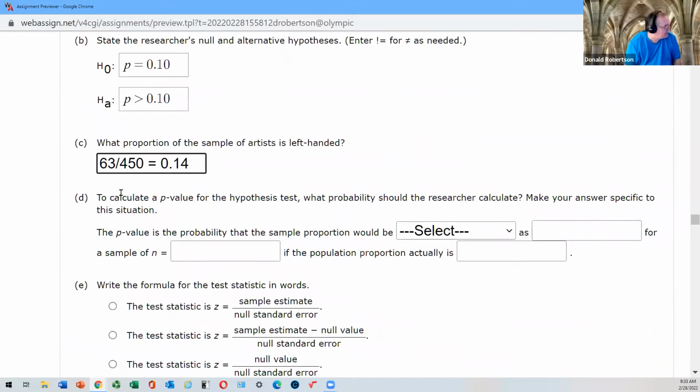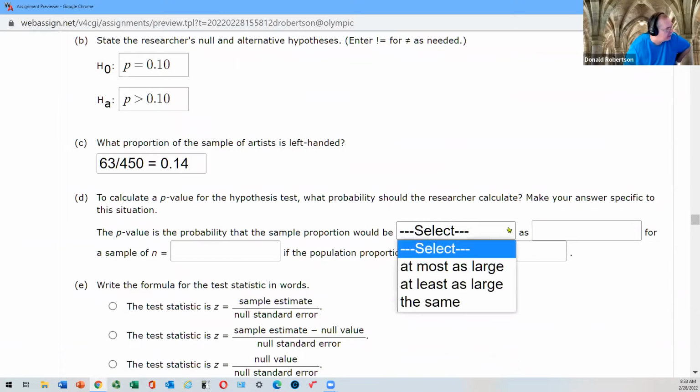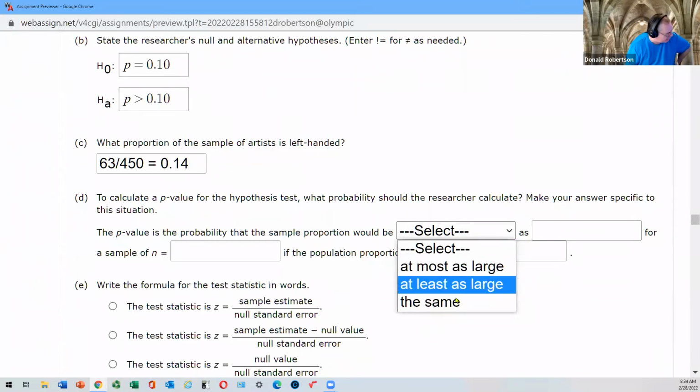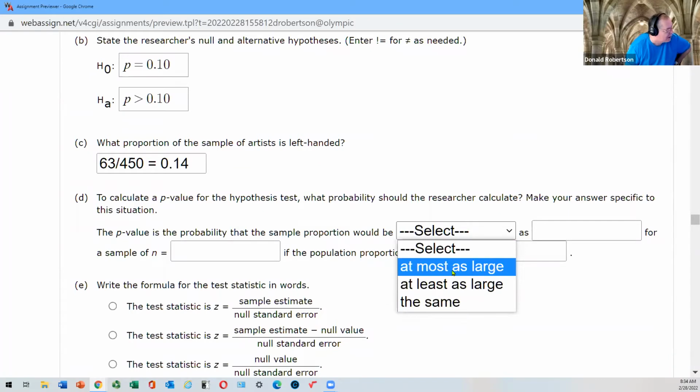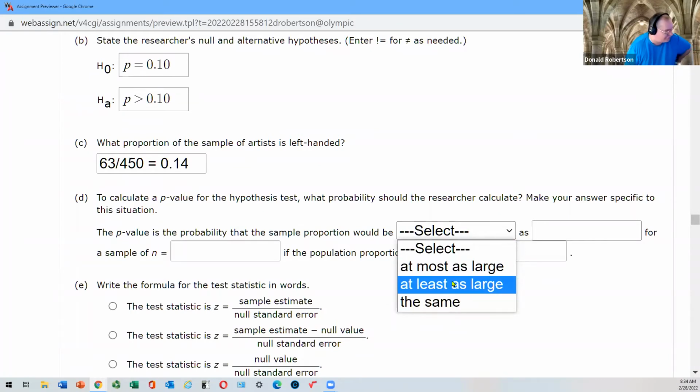Randomness. To calculate a p-value for the hypothesis test, what probability should the researcher calculate? The p-value is the probability that the sample proportion would be... I hate these weird phrasings. At most as large, at least as large. Doesn't that just sound weird? Right.